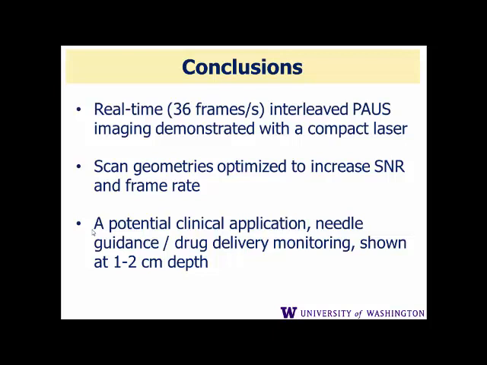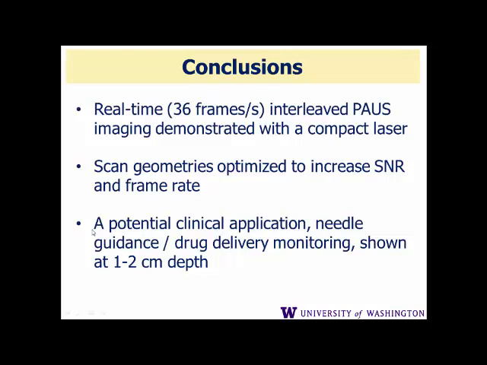So what we have done is showed this real-time imaging, interleaved, we call it PAUS, just for local reasons, but it's a photoacoustic ultrasound, real-time. At frame rates here showing at 36, we've gone up to about 60 hertz with this same setup.